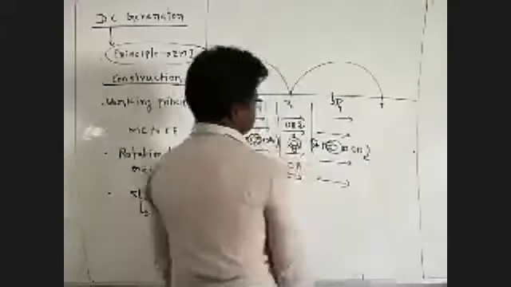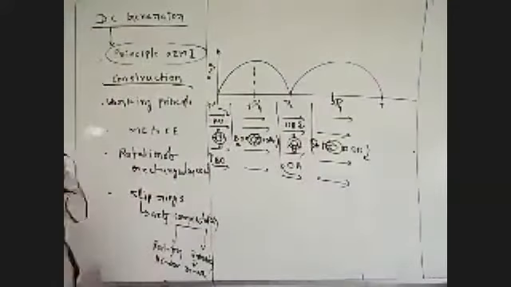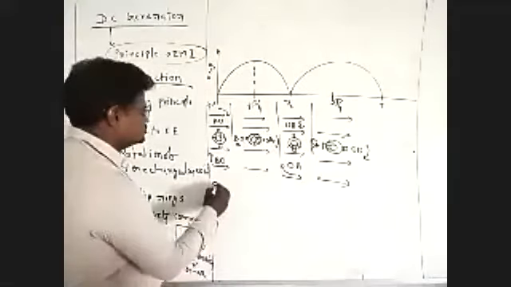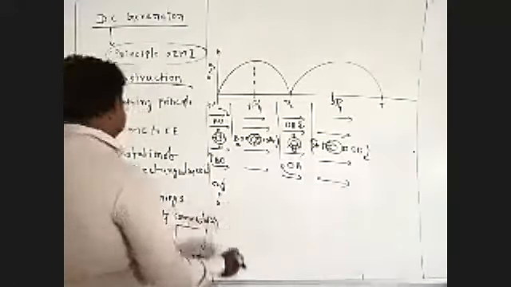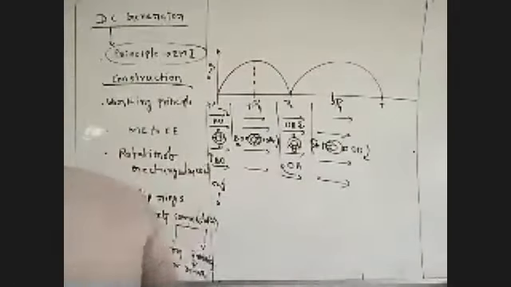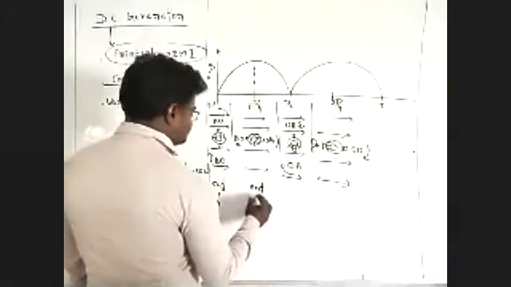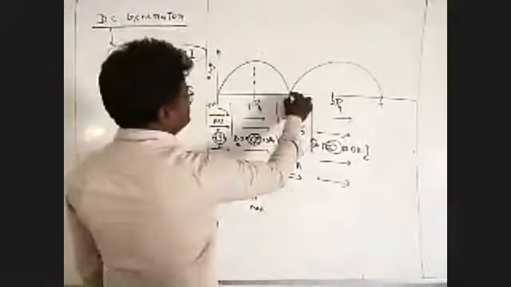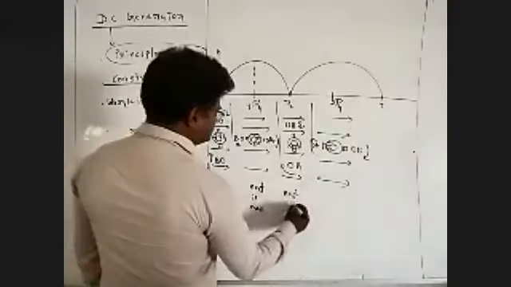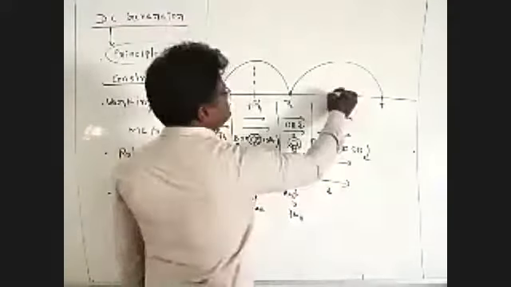Upward direction, downward direction. Here you will see that EMF is 0. EMF is also 0 here, but here EMF is maximum. But here EMF is 0. EMF is 0, but here EMF is maximum.